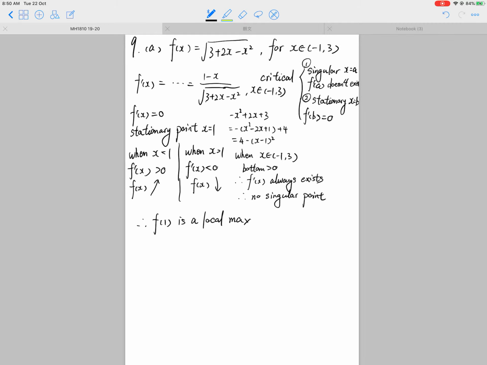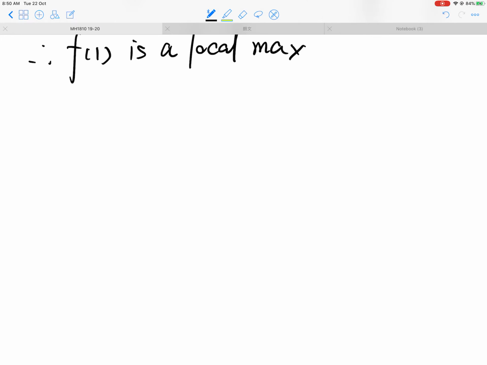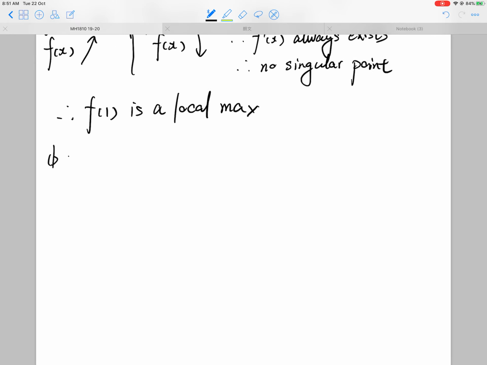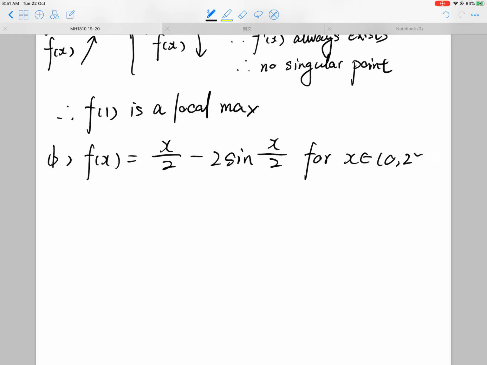Okay, then let's do part B. Again, the derivative is half, minus 2 cosine x over 2 times half.